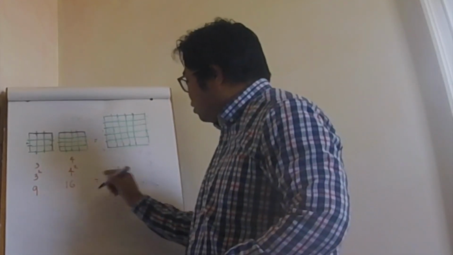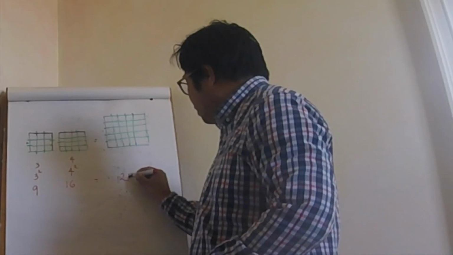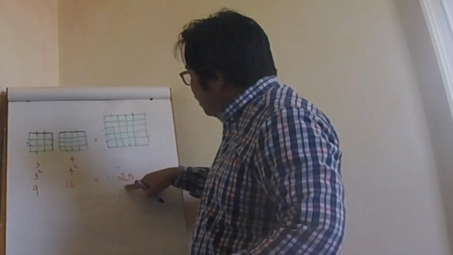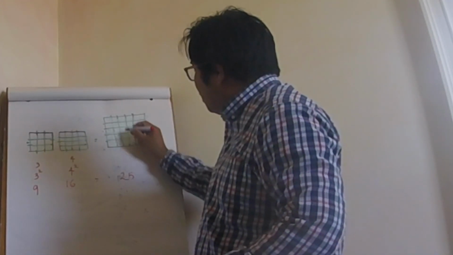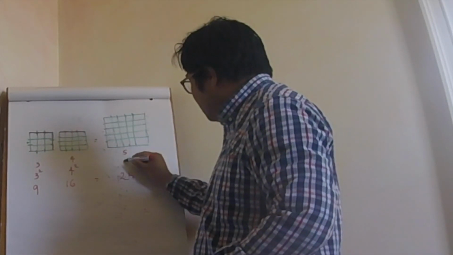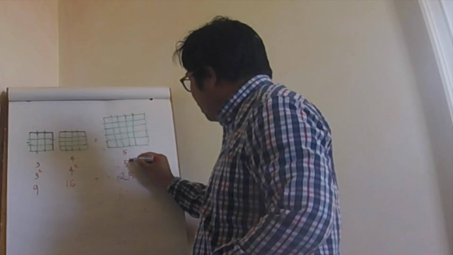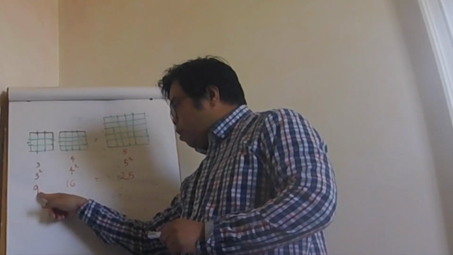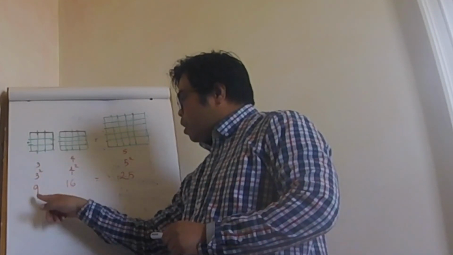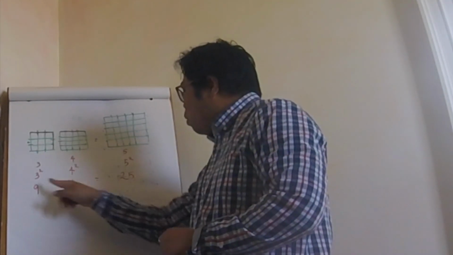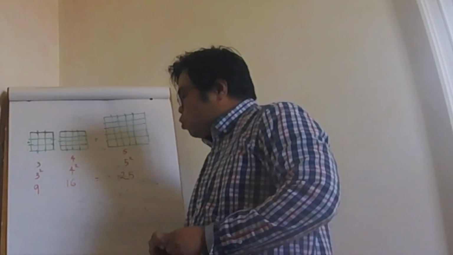If we add these two squares, 9 and 16, the answer is 25. And if we look at the original line of 25, the original line is 1, 2, 3, 4, 5, 5 splits. And the square of 5 is 25. So the square of 3 and the square of 4 equals the square of 5, and all of them are square numbers.